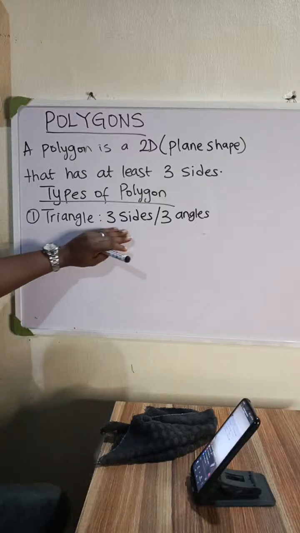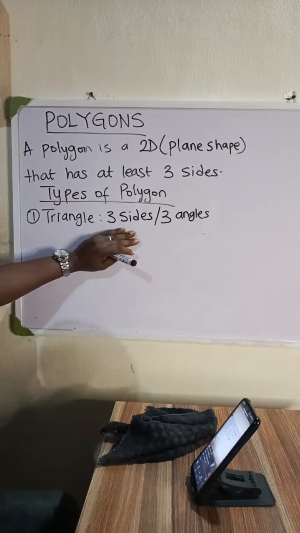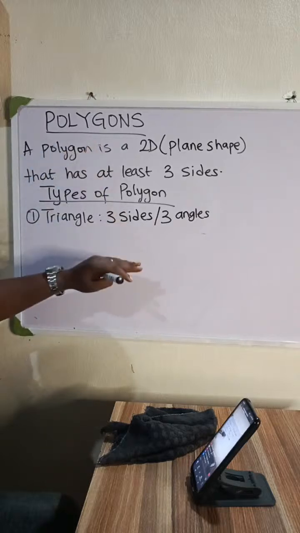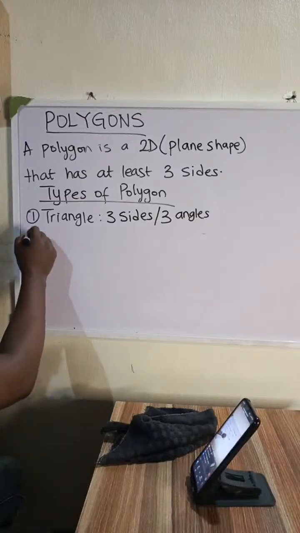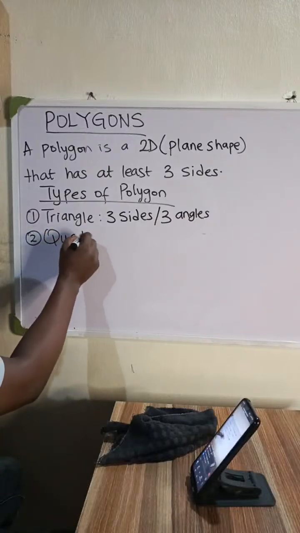So a triangle is a 2D shape or a polygon that has 3 sides and 3 angles. Next is a quadrilateral.